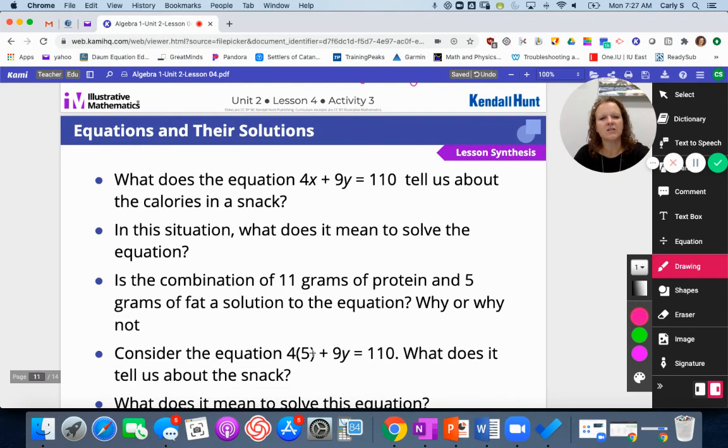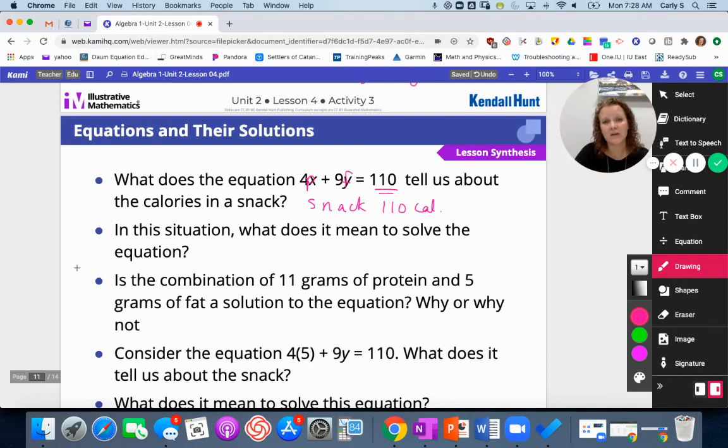What does the equation 4x plus 9y, and again, we're going to go P and F, tell us about the calories in a snack? Well, this would be the same: 4 calories for a gram of protein and 9 calories for a gram of fat. But here we have a snack that has 110 calories in it. The fat and the protein aren't changing, but you just have more calories in the snack.